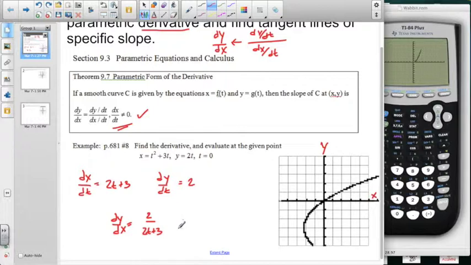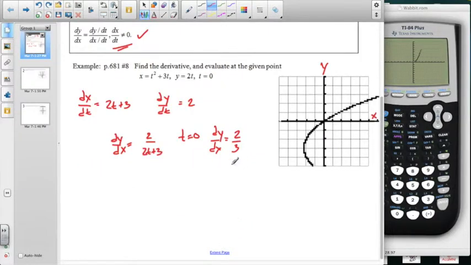And so if I wanted to calculate the derivative at a given point, for instance, let's calculate it at t equals 0. So when t equals 0, the Cartesian derivative dy dx equals 2 over 3. And if that's the value of the derivative, then that is also the slope of the tangent line.